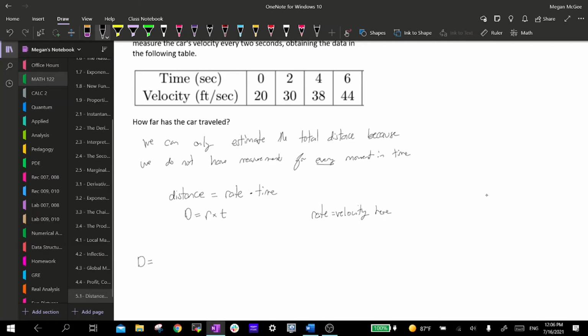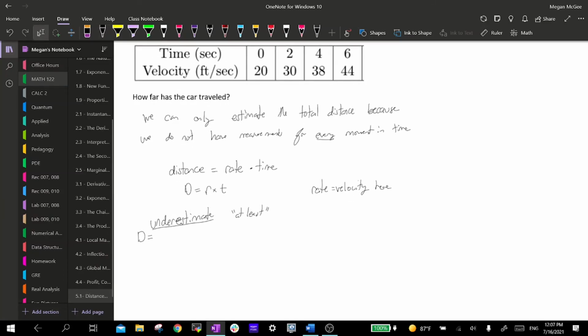So we're going to do an underestimate, okay, because we're going to think the car is going at least some speed, okay? So if we are doing an underestimate, we know the slowest that the car could possibly go.